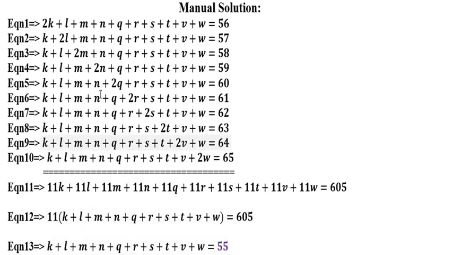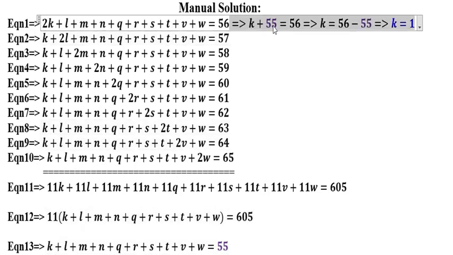That is, it is K plus 55. Equation number 13 is 55, and it is equal to 56. That means K equals 56 minus 55. K is equal to 1.